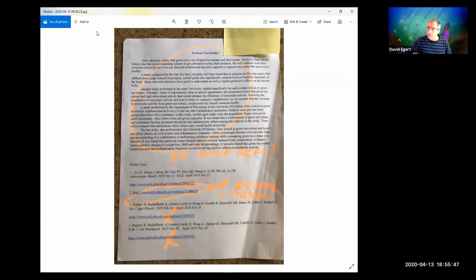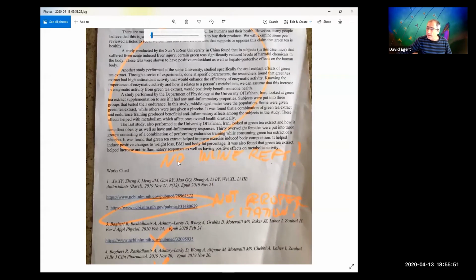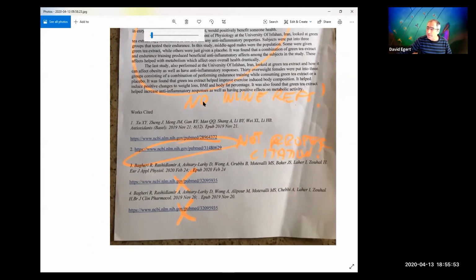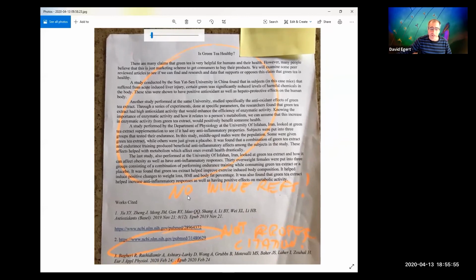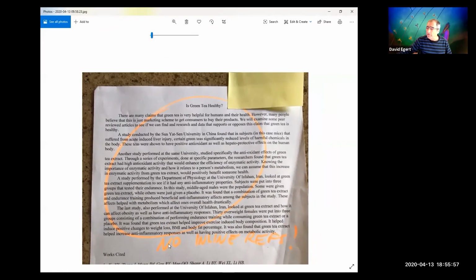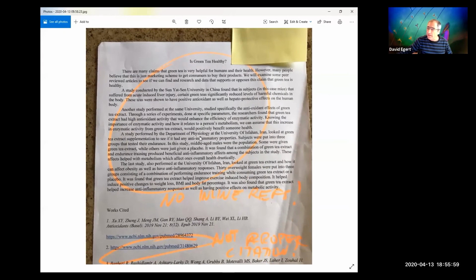So this person used their references like a bibliography, like from a book report, but there are no actual inline references in the text, right? So that's not okay. Whenever you have a statement, you have to actually have the author and year in parentheses that support that statement.